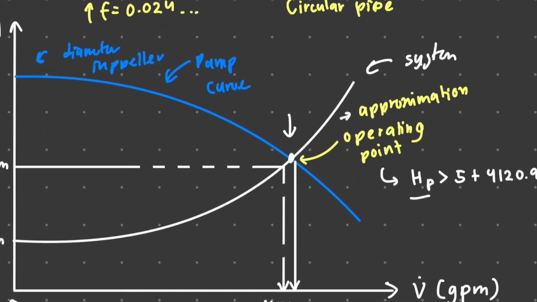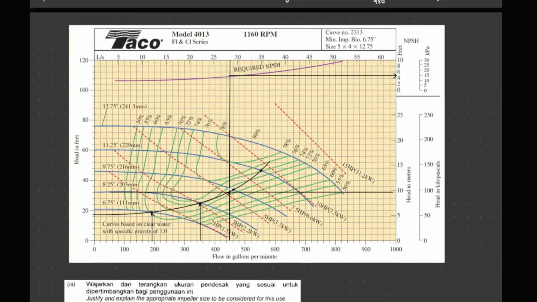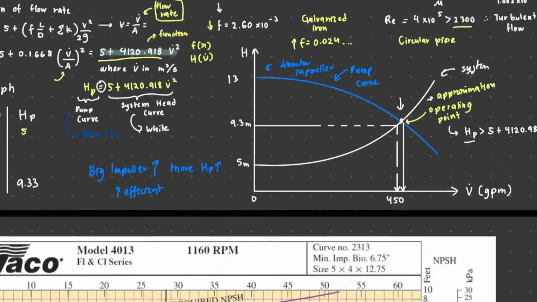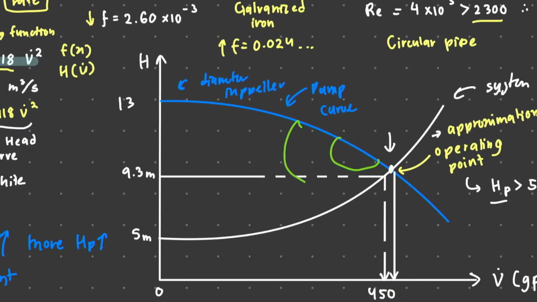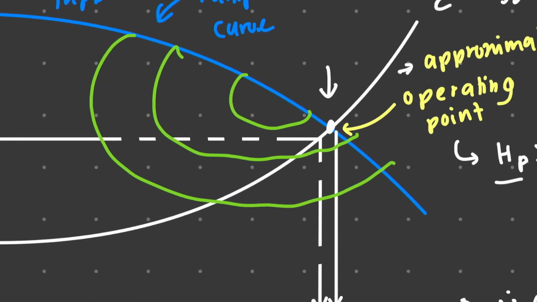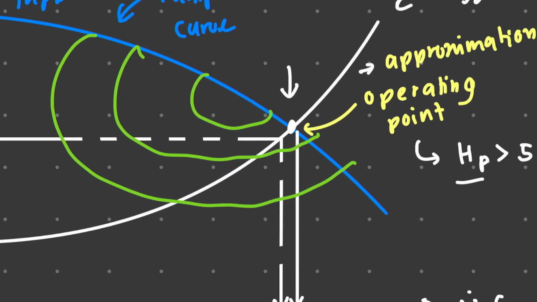Ready? Efficiency. So the efficiency is like that. Something like this lah. Not accurate lah, but you get the question lah. So usually if you find yourself in between the efficiencies, you can just take the average.